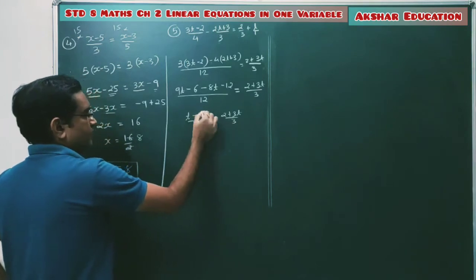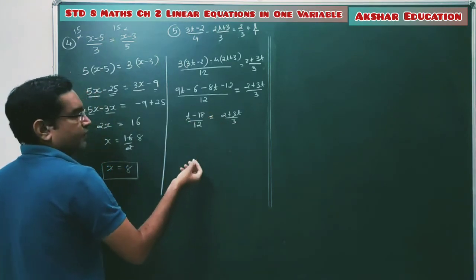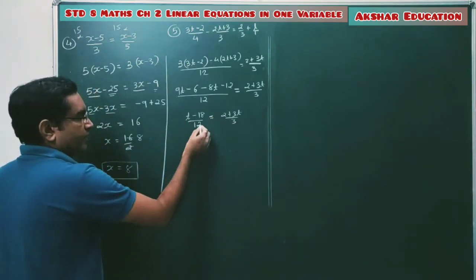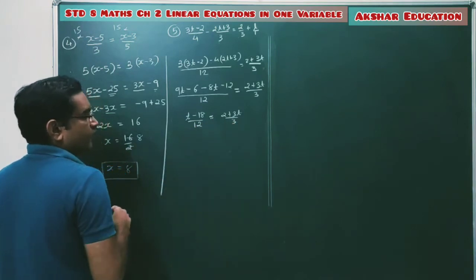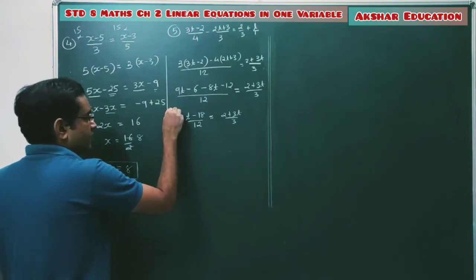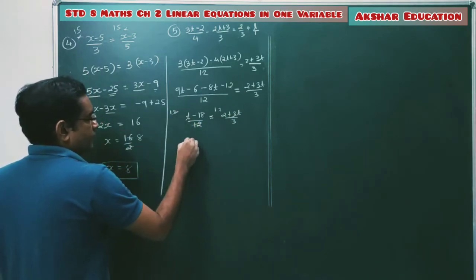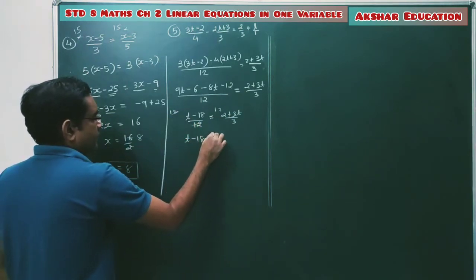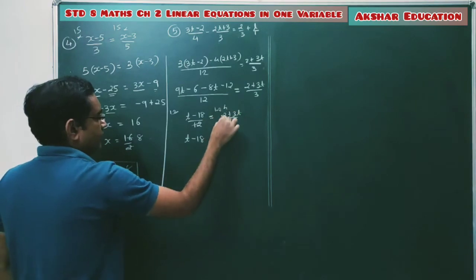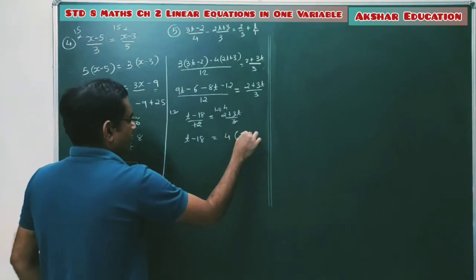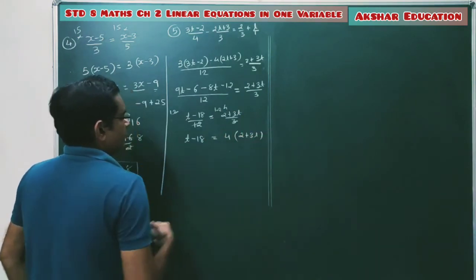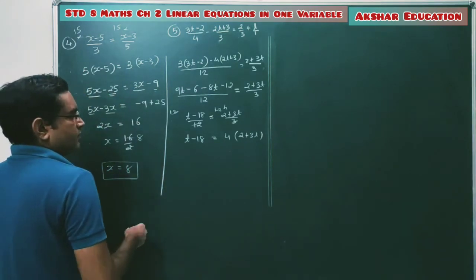So now cross multiply. Why are we doing cross multiplication? Because we are taking the LCM of 12 and 3 as 12. So you have to multiply this one by 12 and this term by 12. So 12 12 cut, so it's nothing but t minus 18. Here 3 4s are 12, which is nothing but 4 into (2 plus 3t). This is cross multiplication. Done.